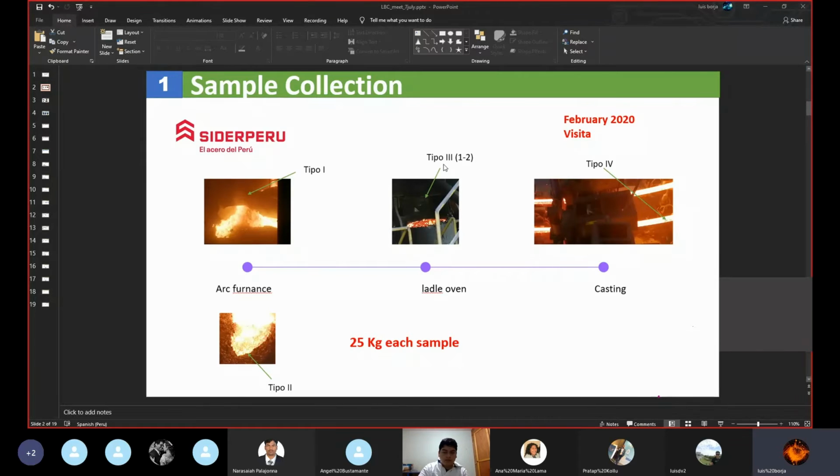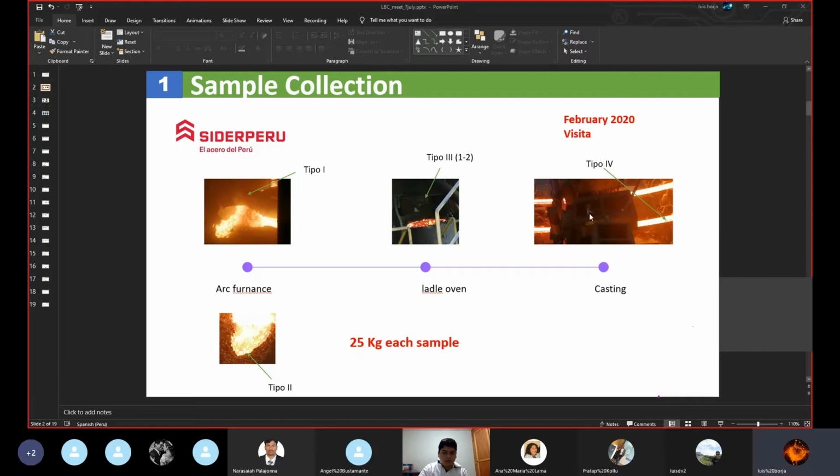So there are two types of material. Type 1 is the remnant in the walls, and type 2 is the dismetallized. SiderPeru has a method to extract the iron and reduce it.